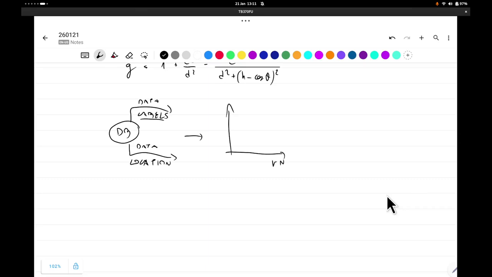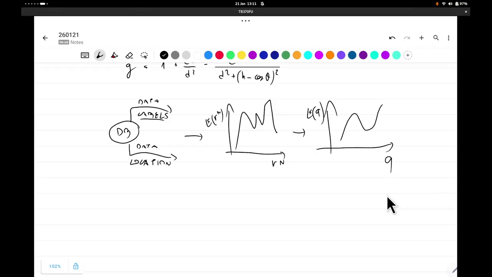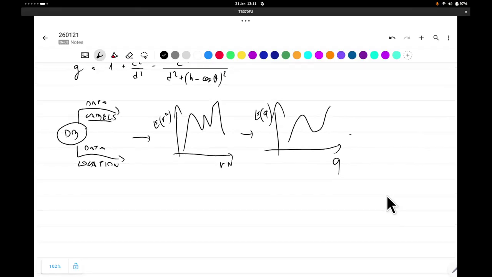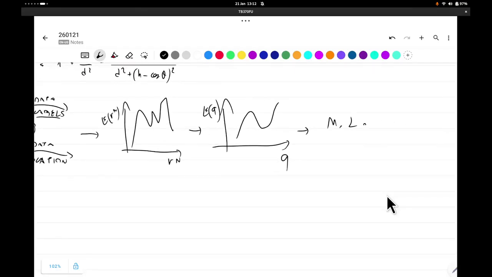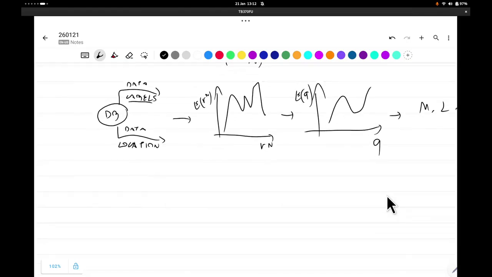So we have a representation in terms of coordinates, and then we have any kind of rough surface as a function of the coordinates, and we go to a descriptor kind of representation that is typically a bit smoother, and then we go to a machine learning model choice.